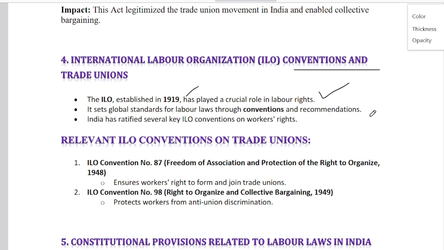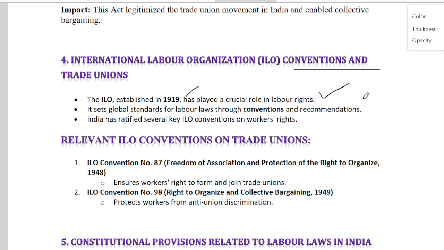Post World War period, when the First World War broke out, there was a sudden diversion of all the resources to cater to war needs, and the employers were dependent on the laborers. Then the laborers realized that the employers need them as much as they need their employers. That gave them a bargaining position.